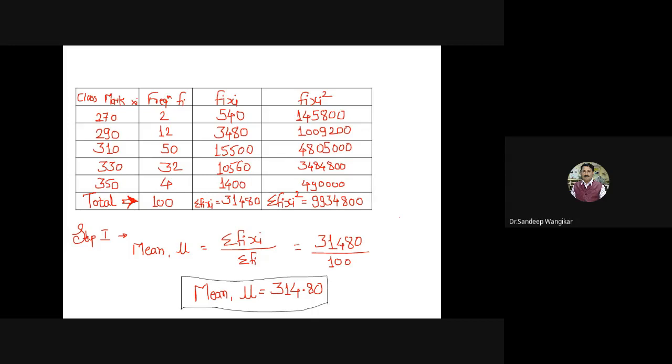So I have gone for calculation of Fixi and Fixi square. Why? Because I want to put these values in further formulas. So I have calculated summation Fixi and summation Fixi square. Then the first step, mu: mu is nothing but summation Fixi divided by summation Fi. We arrived at the mean mu equal to 314.80.